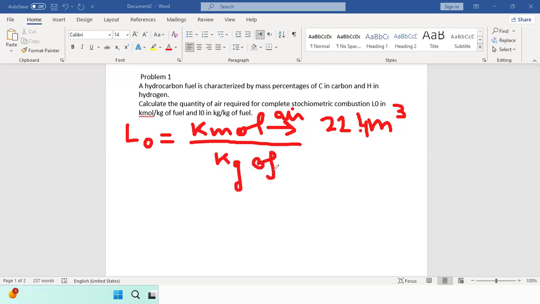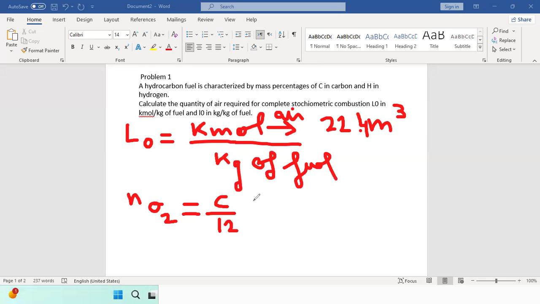And we have seen that the quantity of O2 required, NO2, equals C over 12 plus H over 4. But O2 constitutes 21% in volume of air.